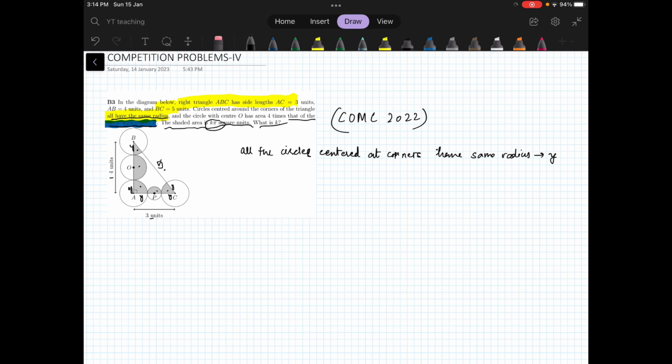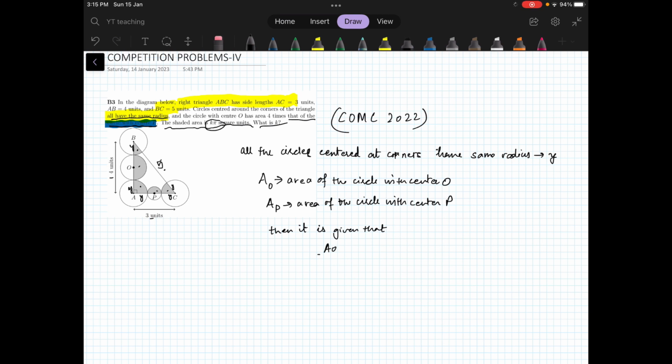Okay, so we are given that the area of the circle with center O, let me denote it with AO. So AO is the area of the circle with center O, and AP is the area of the circle with center P. Then it is given that AO to AP is 4, right?